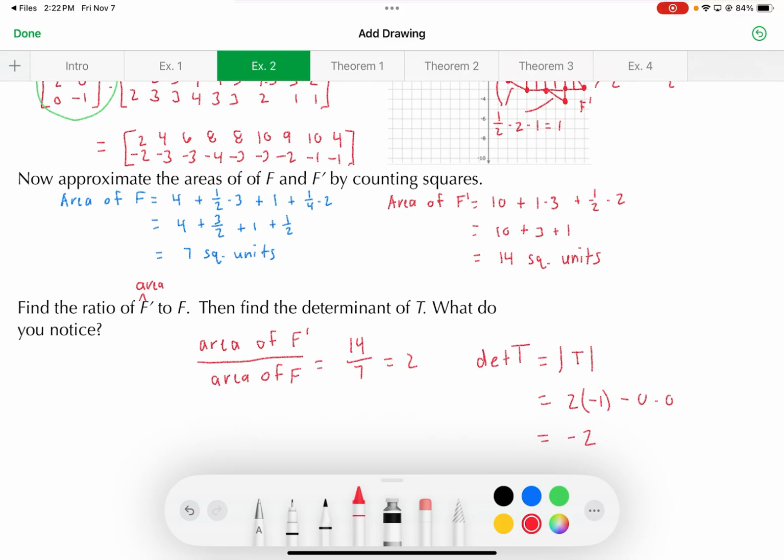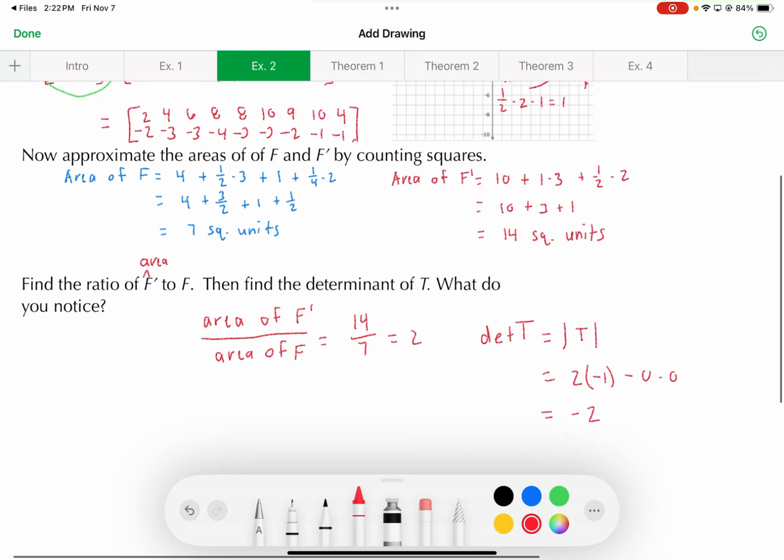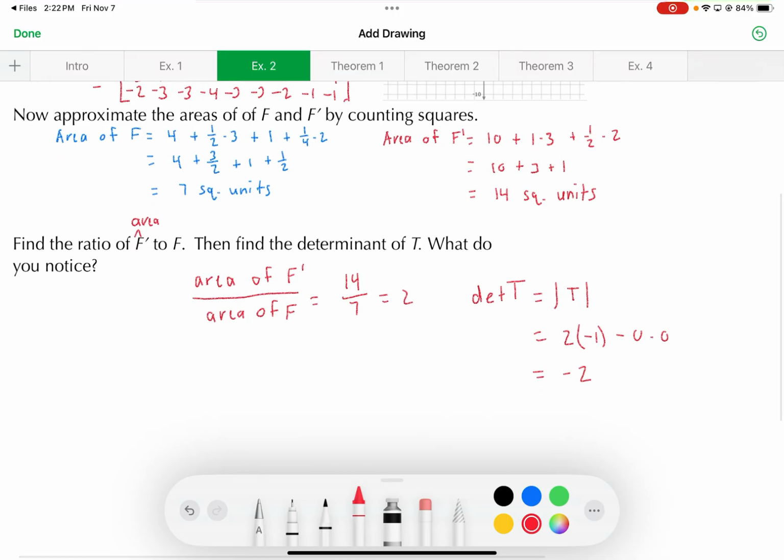What do you notice? The absolute value of the determinant is the same as the ratio. Yes. If I take the absolute value of that, I get the same value as the ratio of these two areas.